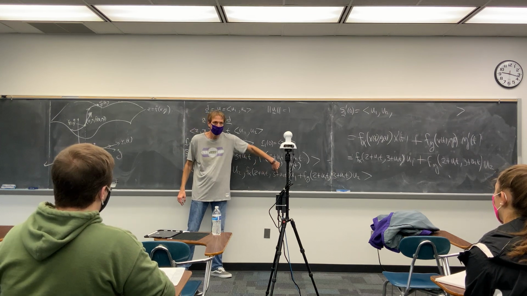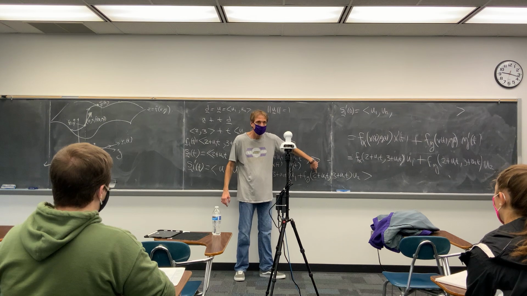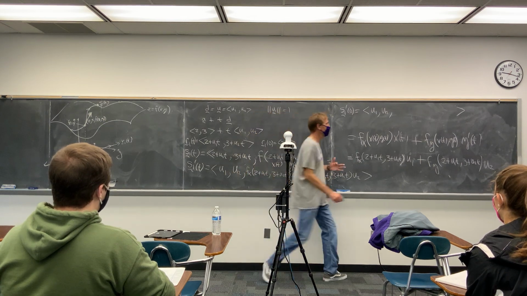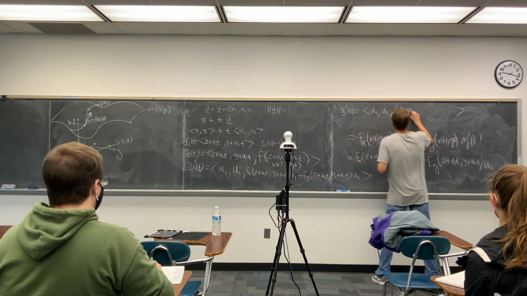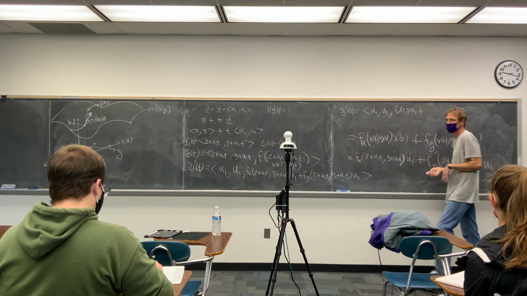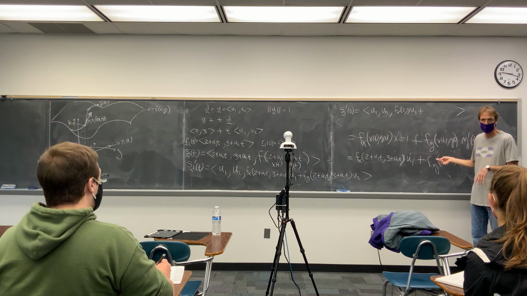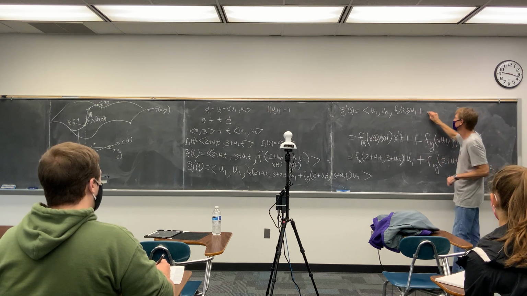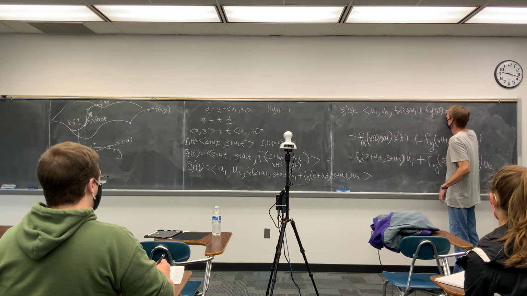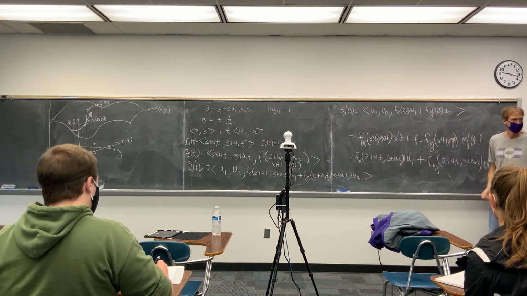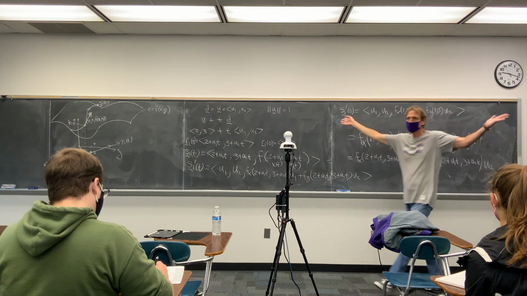I get a 2, and then I get a 3. So it's not bad, just times U1, and then plus, we can finish this off, plus times U2. How many people followed that?